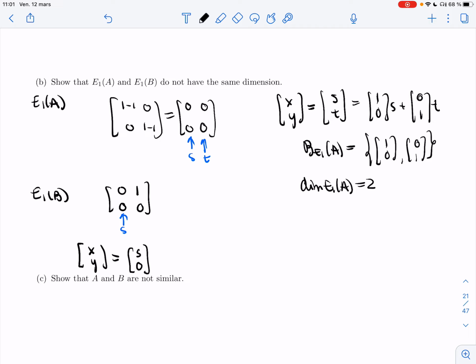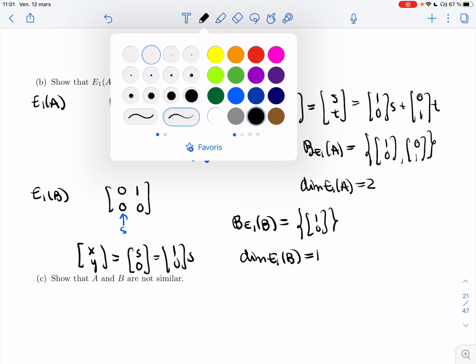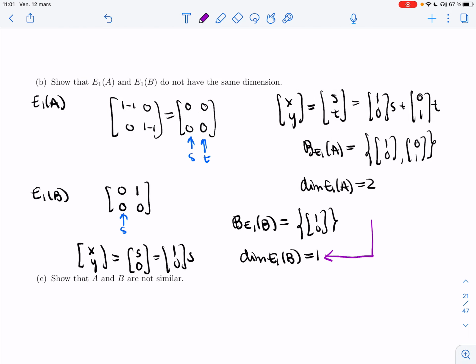And so I get a basis for E1 of B, which is (1, 0), and so the dimension of E1 of B is 1. And so they don't have the same dimension.